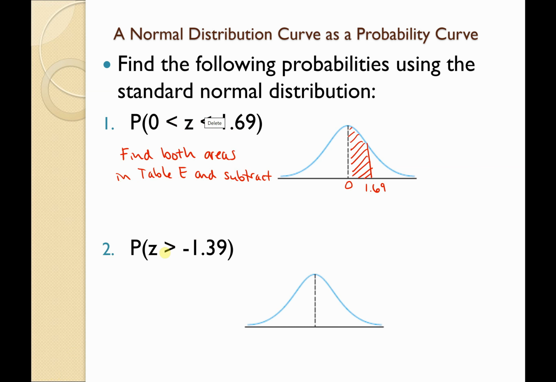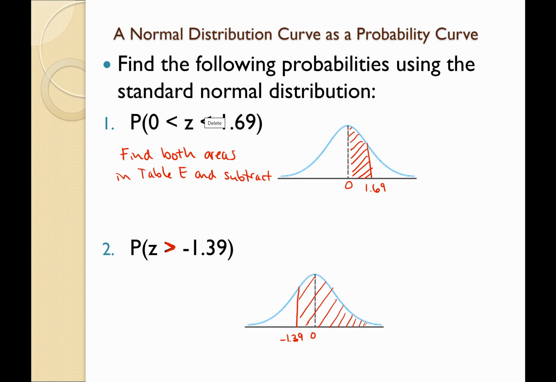You might also see if you have just a greater than or just a less than a value. So if z is greater than negative 1.39, it would be over here on the left. And we want z to be greater than that, so we would shade the area to the right. That's what we're looking for.